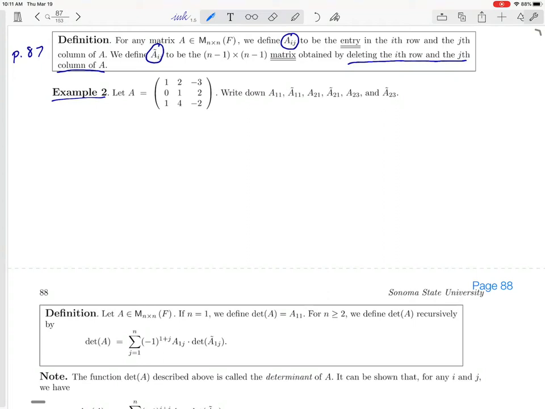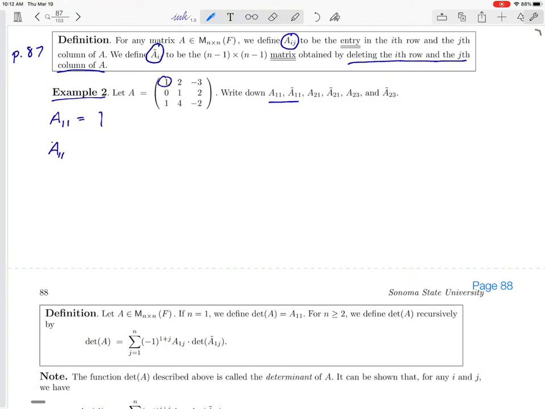Okay, and they ask us to calculate some matrix entries and some tilde matrices, basically. We'll start with the first two here, A11 and A11 tilde. A11 is just asking us for the entry in the first row and the first column of our matrix. So that would be the number 1 up there.